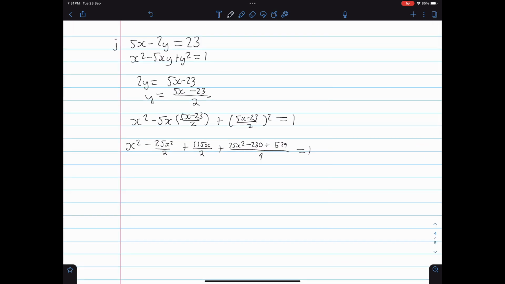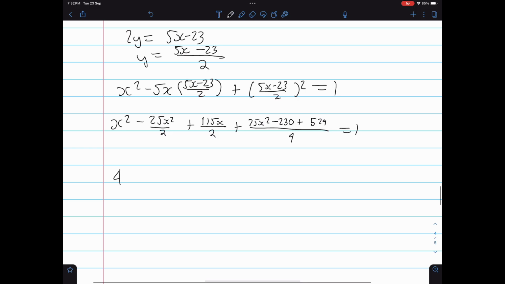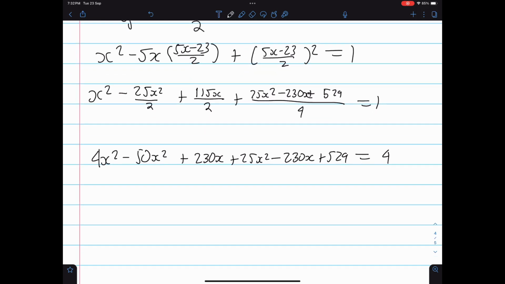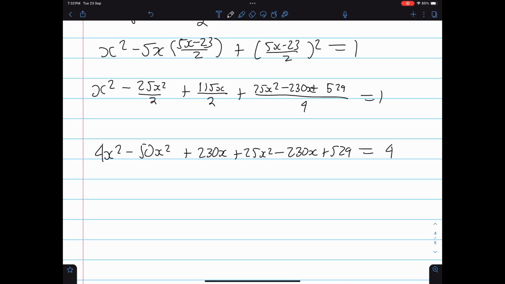Okay, now we'll get rid of these fractions. We don't like fractions. And now let's see if we can figure this out.